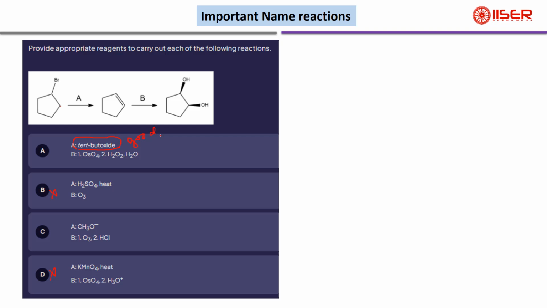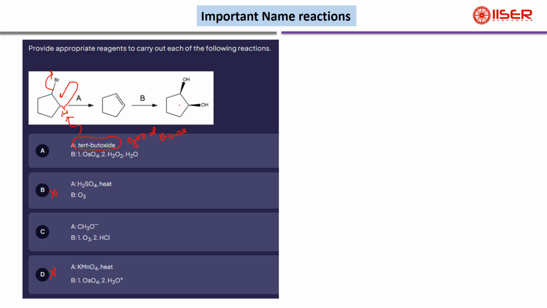Methoxide is a good nucleophile, but tertiary butoxide is a good base due to its bulky size. So it will take a proton from here, and this bromine will be eliminated, generating a double bond here.